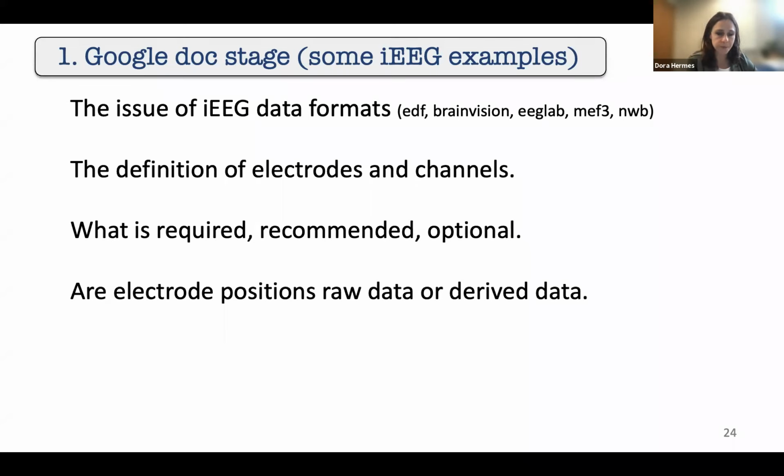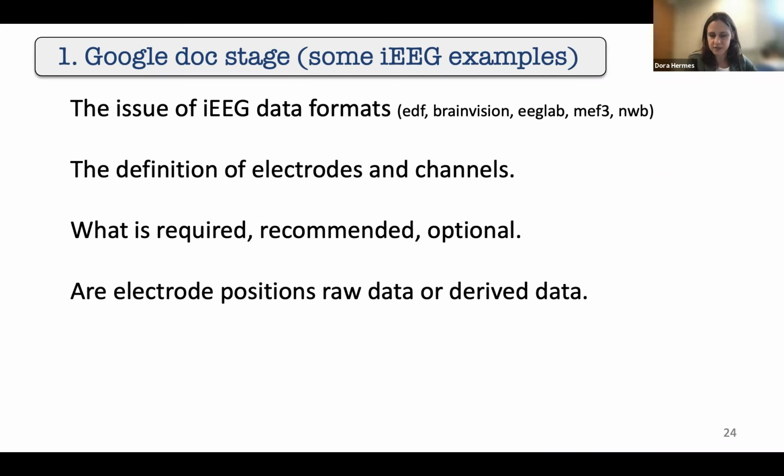Another discussion we had with the community was whether electrode positions that we record with intracranial EEG were raw data, and should be stored in BIDS, or whether they should be derived data that are only stored later in derivatives. That was a discussion because, for example, if you have data off the scanner in a NIfTI file, the DICOM file is the source data.